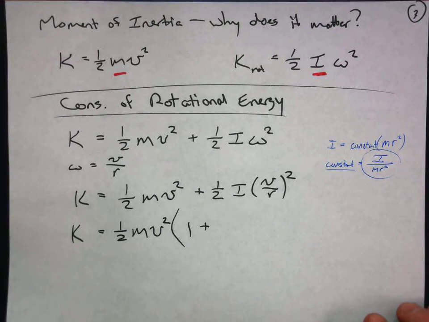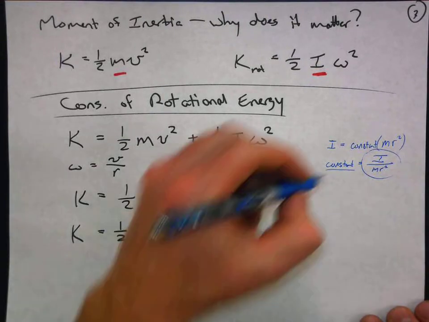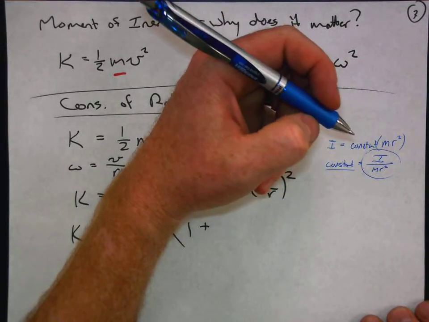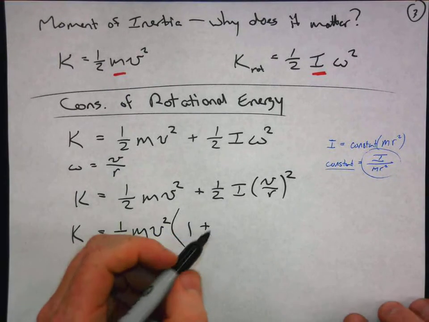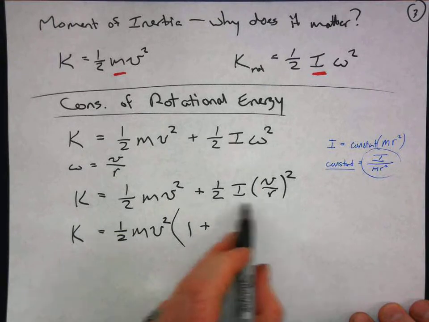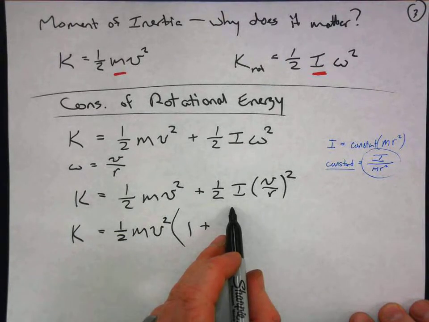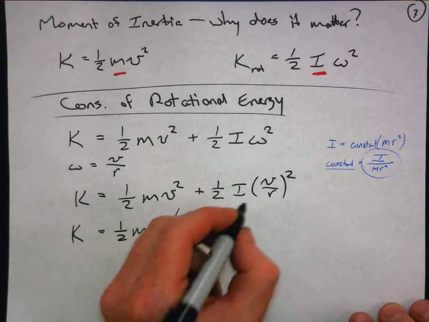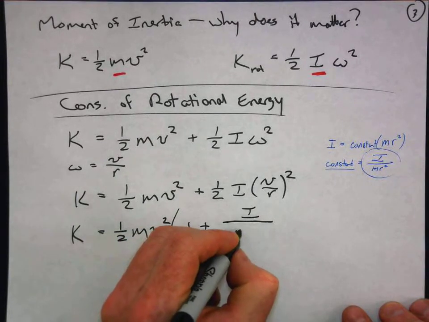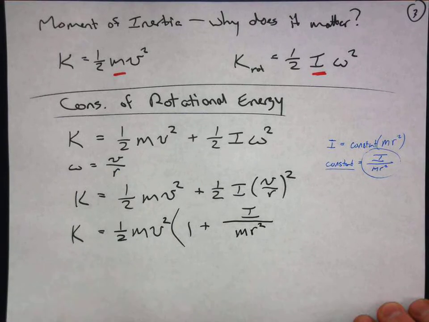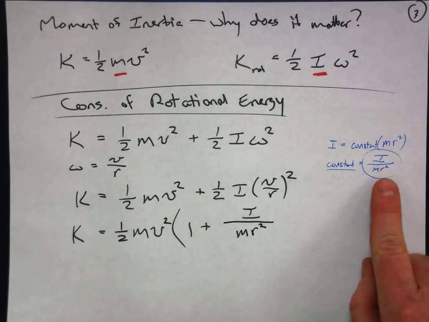But if I view it in a different way, you might see this a little better. When I factor out of this term the 1/2 m v squared, I am left with moment of inertia divided by m r squared. I'm left essentially with that constant.